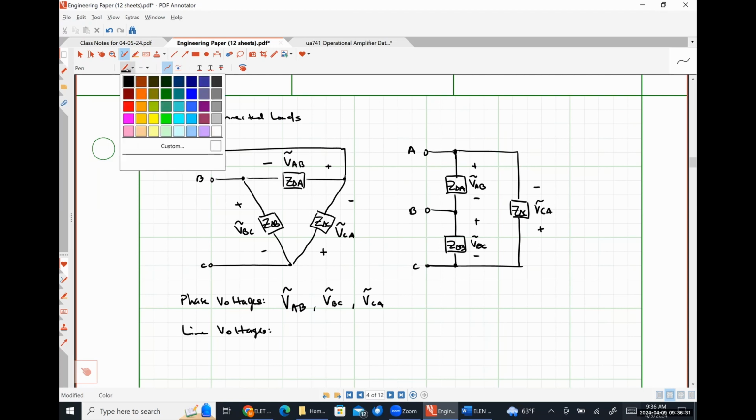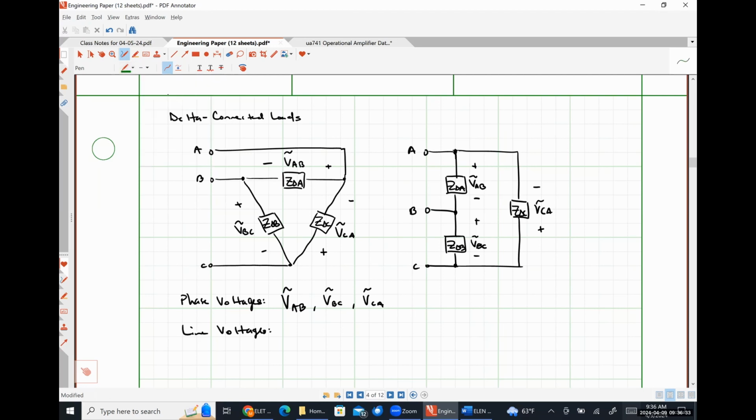So our line voltages, once again, are always determined by just looking at the voltage drops between our transmission line terminals. So here I have an A terminal and a B terminal, so this is VAB, and this is the exact same VAB. Here is VBC, and the same VBC on the modern representation.